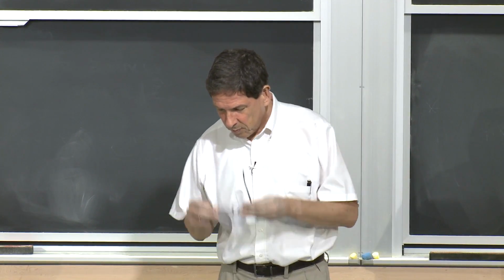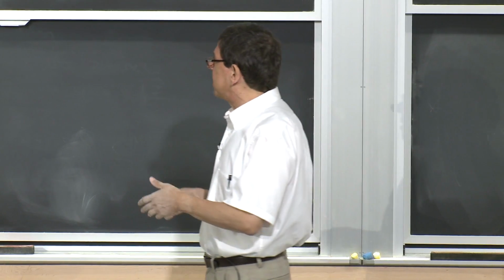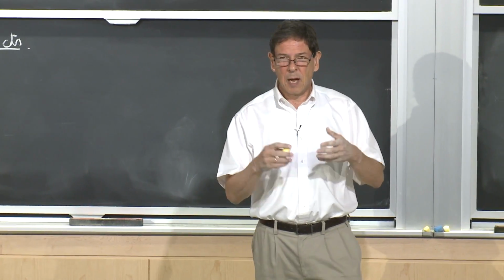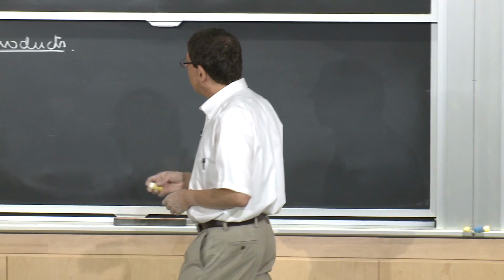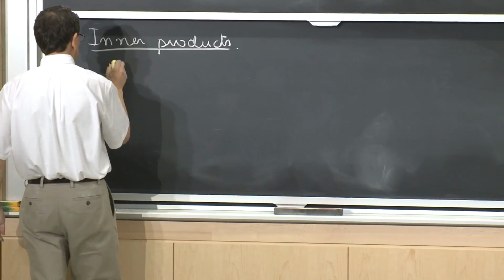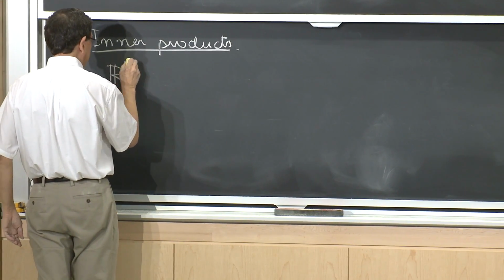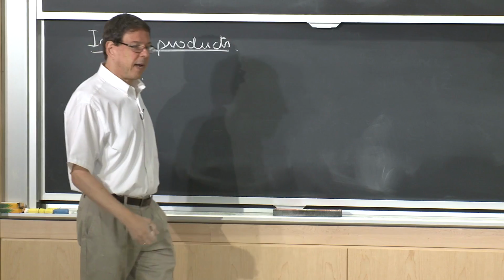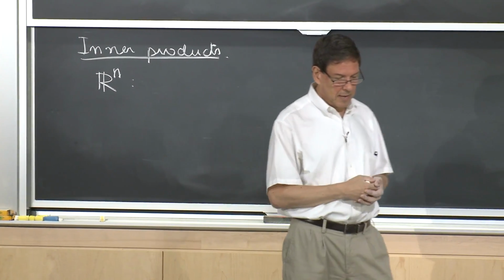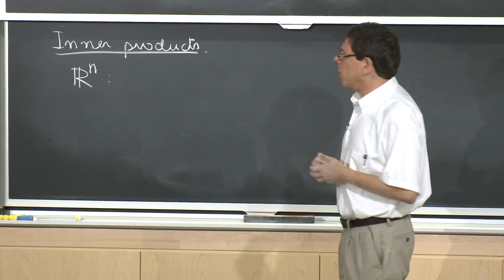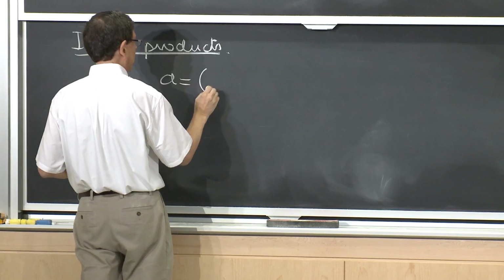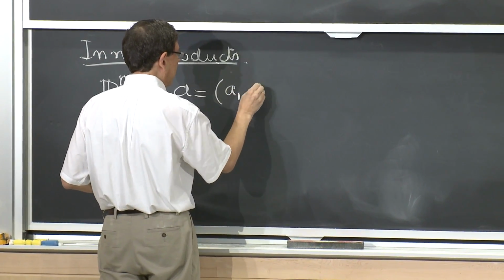So what we're going to do is motivate these things by considering the real vector space Rn. A vector in this vector space is a collection of n real numbers, and we will denote it as, say, A. We don't put arrows on vectors unless necessary.